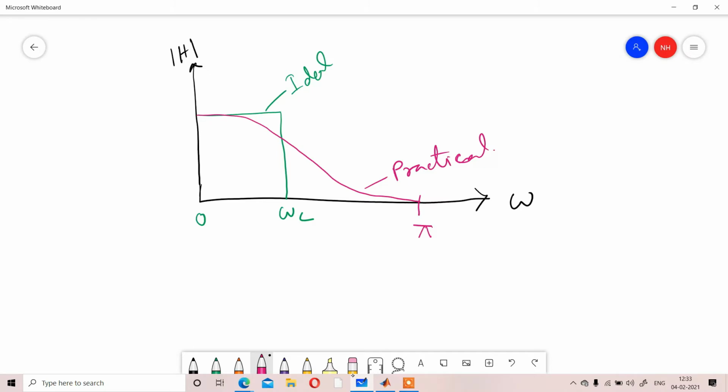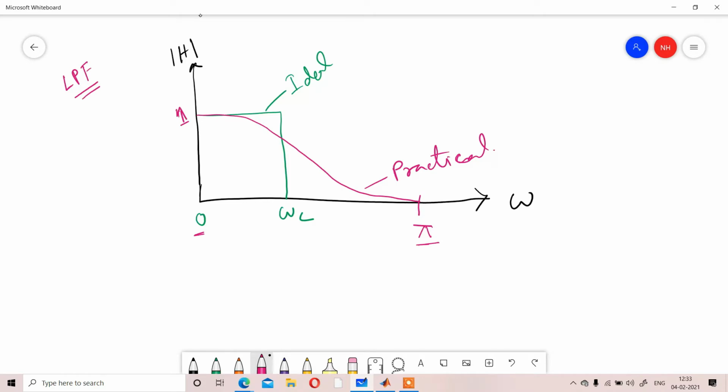It will start from 1 and gradually decrease to pi. For a low pass filter, it will start from 0 and end at pi. 0 will contain the maximum value, which will be 1, and pi will contain the minimum value. The minimum value will be 0. Okay.